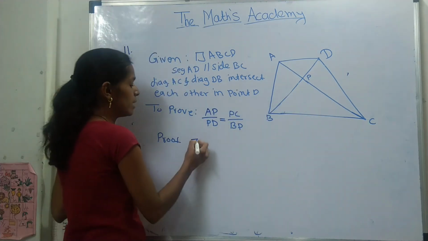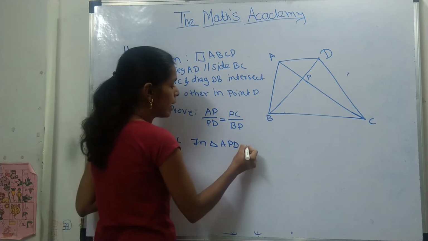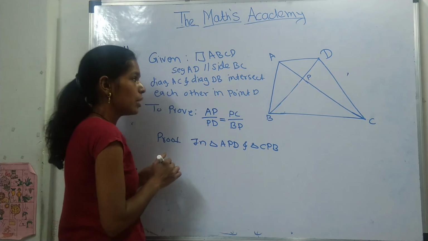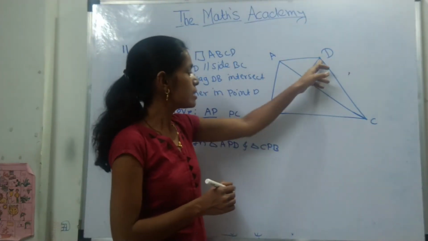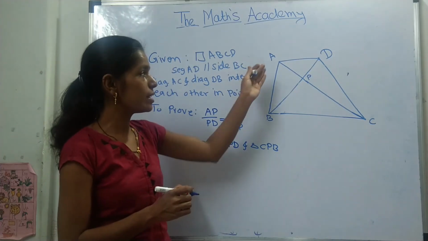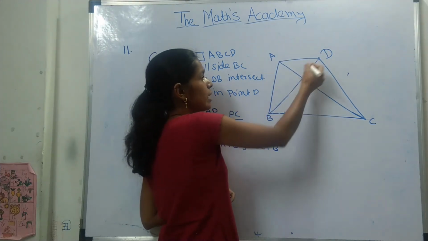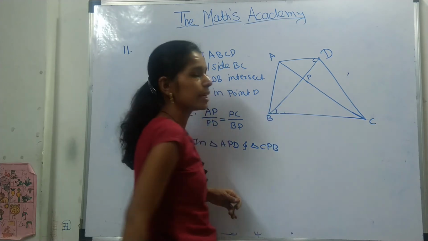So in triangle APD and triangle CPB, as AD is parallel to BC, then this segment DB will be a transversal for the parallel segments AD and BC. Then angle ADB is equal to angle CBD by alternate angle test.